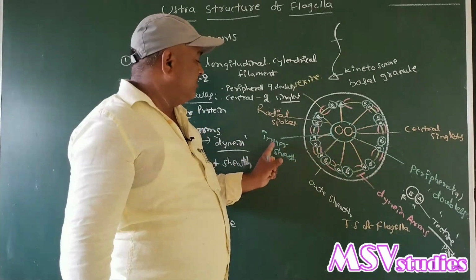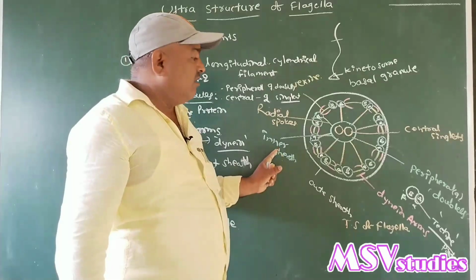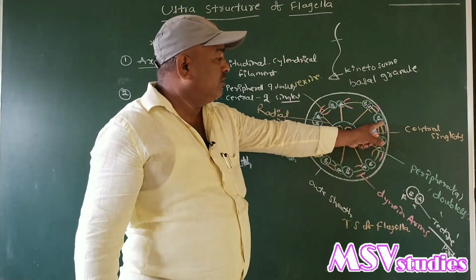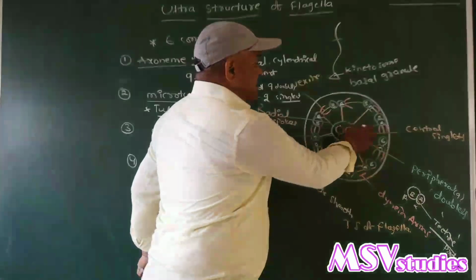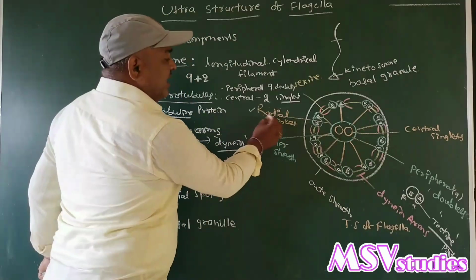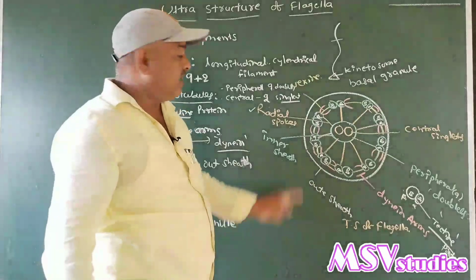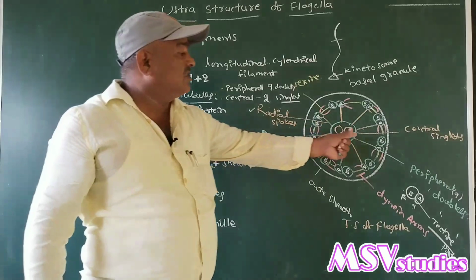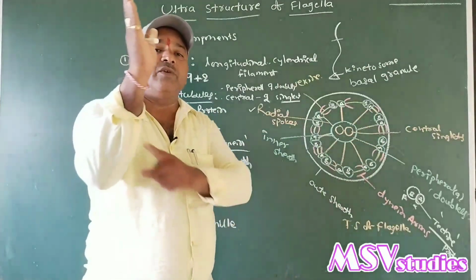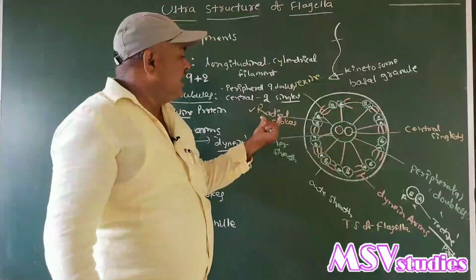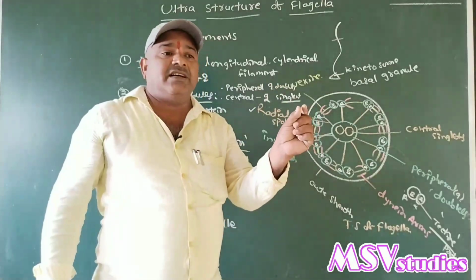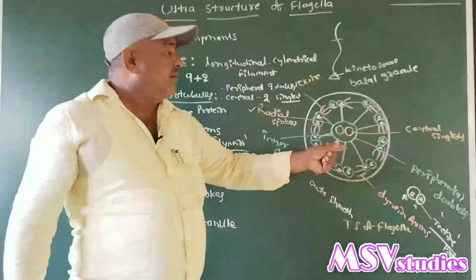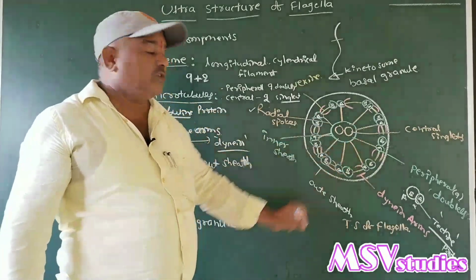The central singlets are covered with the inner fibrous layer. The inner sheath is connected with the peripheral A microtubule by elastic fibrous structures called radial spokes or radial bridges. These radial spokes are also helpful whenever the flagellum bends. They restrict the sliding and bending of the peripheral microtubules.